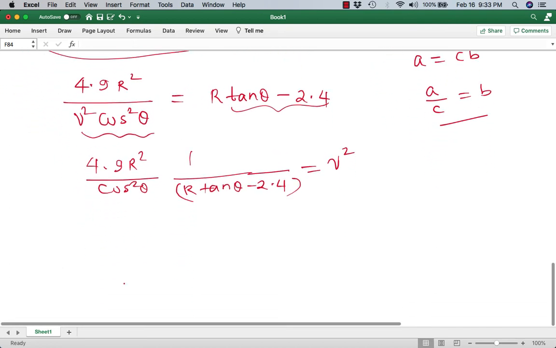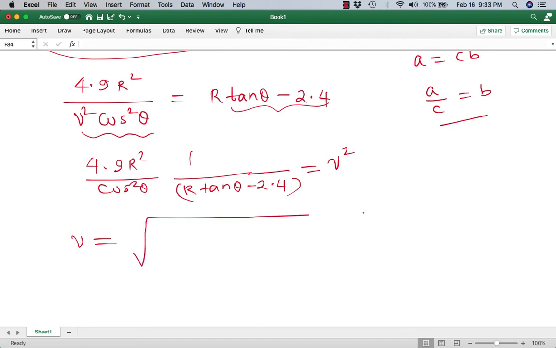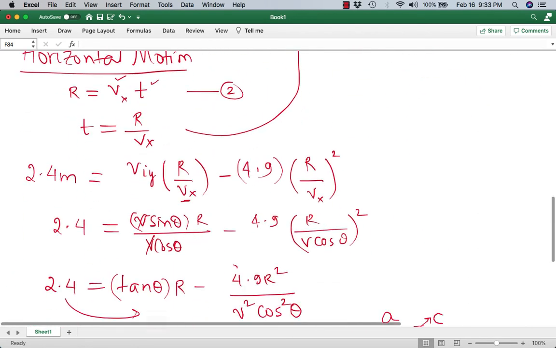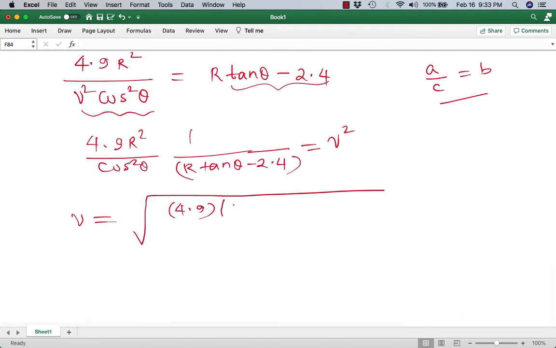And then to get V squared, so to get V, you need to take the square root of all these terms. So we have 4.9. Now range is given, you can use that value here. Range is, what's range? That's 21.5 meters, 21.5 meters, and then we have square over cosine square theta.